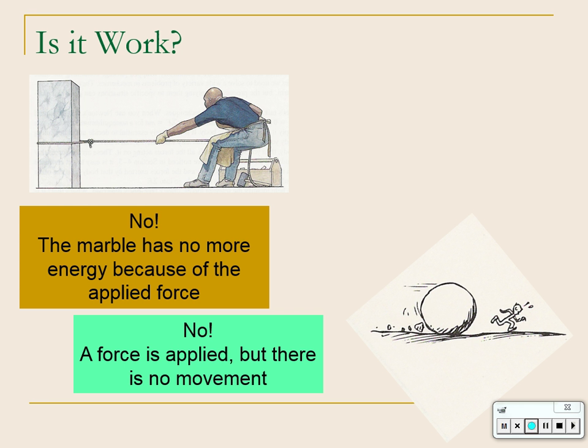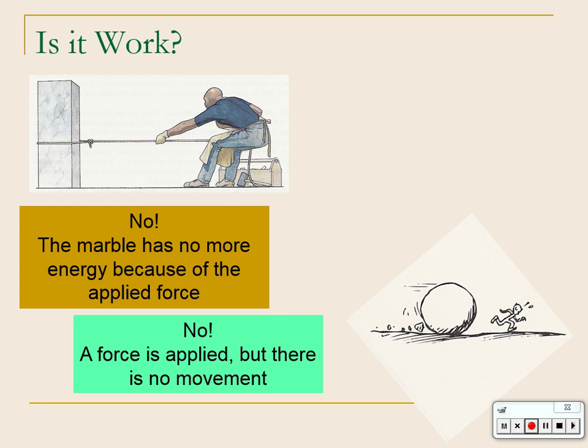How fast does it go as it rolls along the ground? It slows down, slows down, slows down. So is its energy changing? Yes. But what's specifically happening to its energy? It's decreasing. So what do you think we call that? Work so far has only increased the energy of the object, but we can also have work that decreases energy.